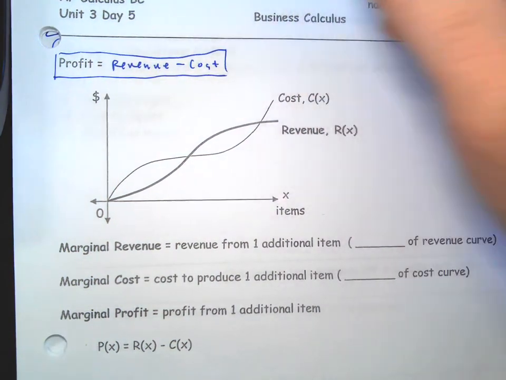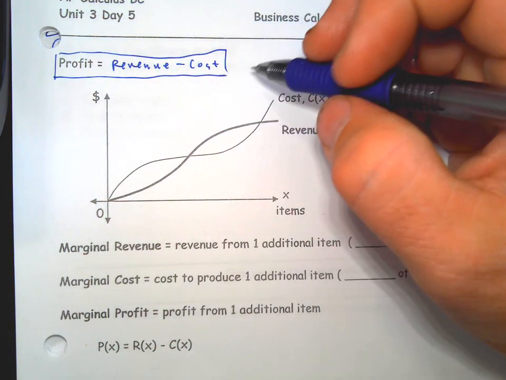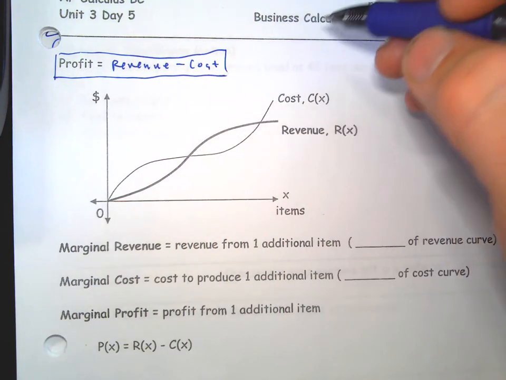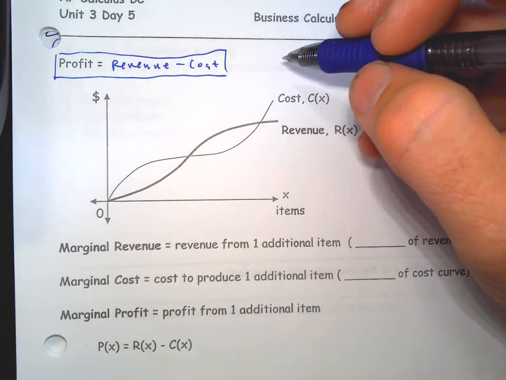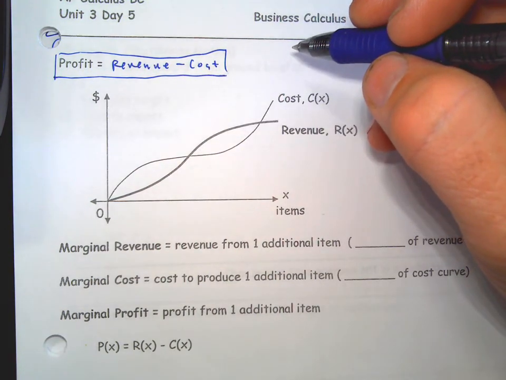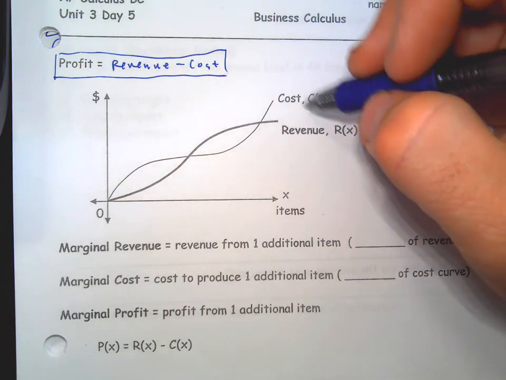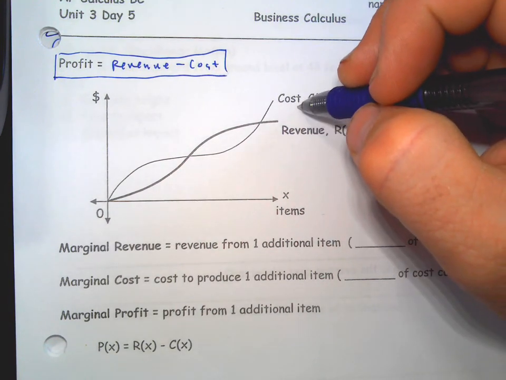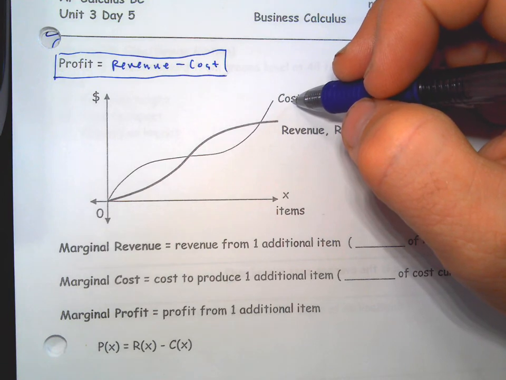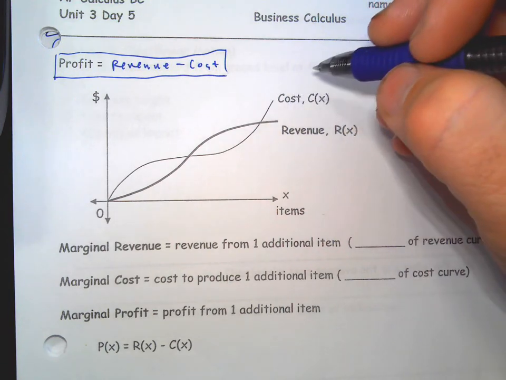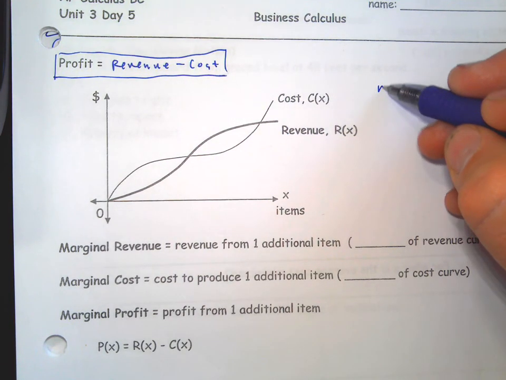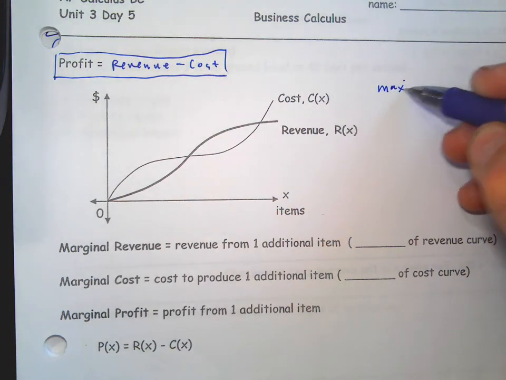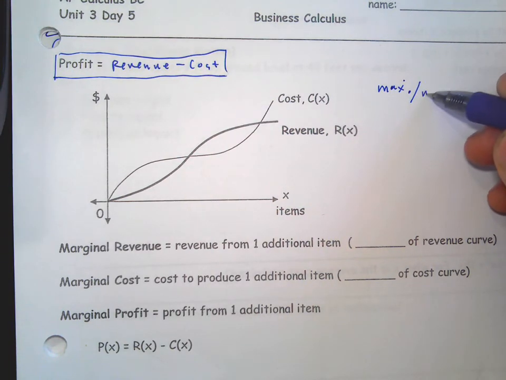And so here's a generic revenue curve and cost curve. Doesn't necessarily mean it's realistic, but I'm just going to use it as a simple example to show a couple things. So you have cost and you have revenue. One question that we might ask ourselves is, where do we find the maximum and minimum profits?